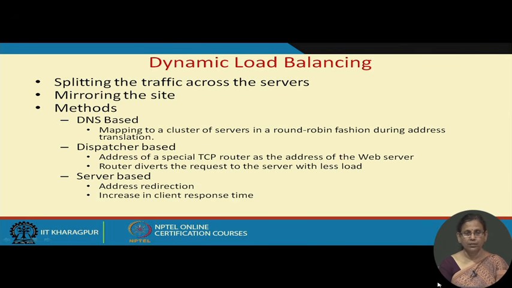Then last one is your server based. In this server based approach there will be a main server, and once you put the request, that main server will redirect your request to the actual server which contains the information that you are searching for. You must have many times seen such messages: please wait for 2 minutes, we are diverting you to such and such location, or click here to directly go there.